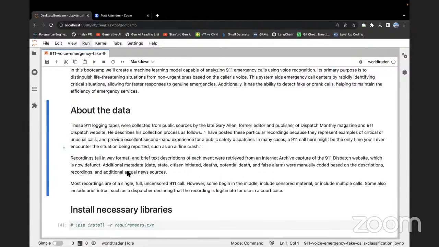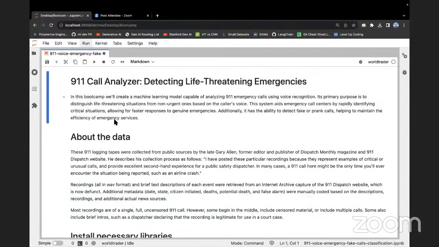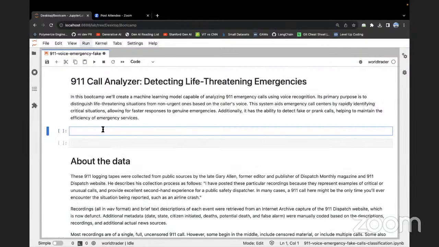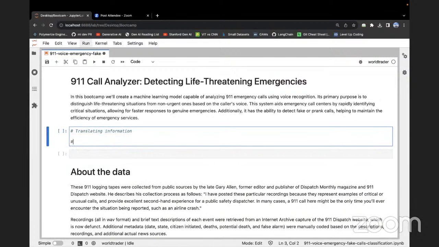What kind of data would we have? Now, a lot of you might have built or worked on projects in machine learning and AI in the past. But very few people today have the experience of translating information. For example, if you have worked on a natural language processing problem, you would have converted text into embeddings, right?